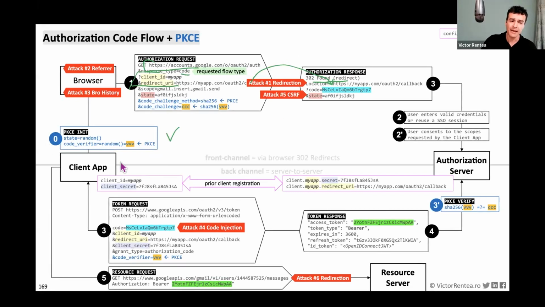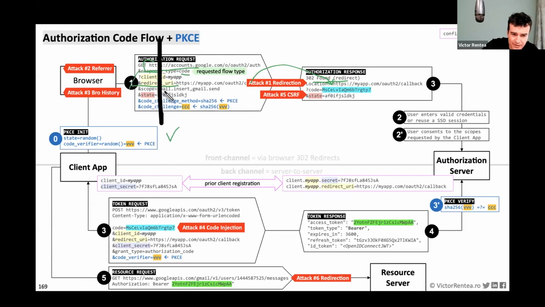PKCE. With all this madness, there is one more step added. At the beginning of the authorization flow, the client app generates a random value and then hashes it. The random value is the verifier, and the client sends the hash of that verifier in the first request.